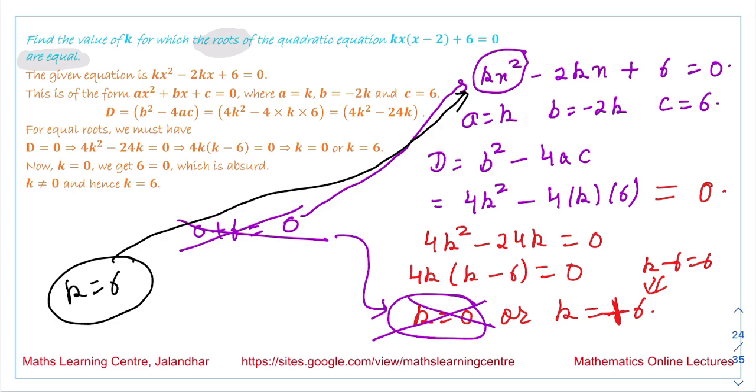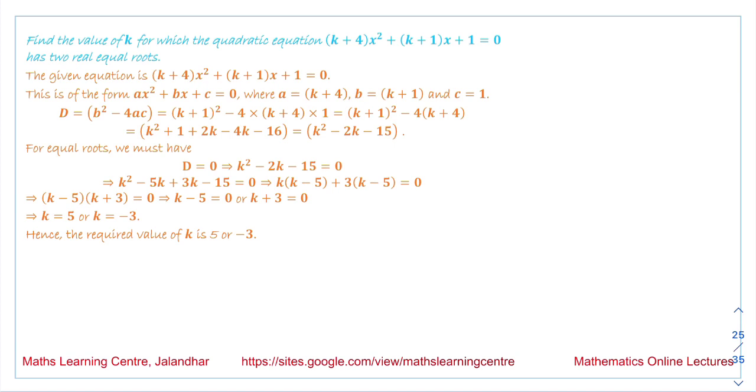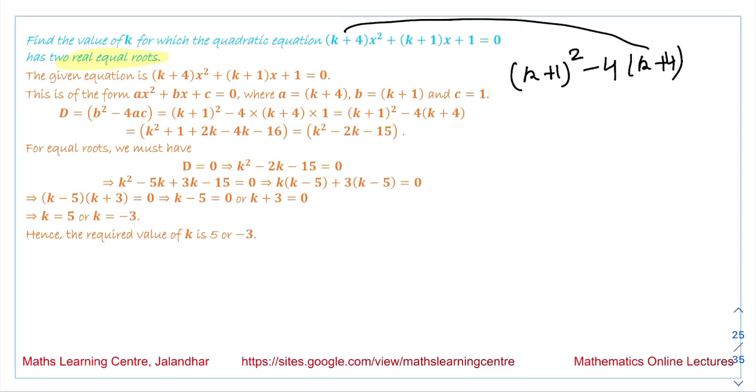Next is find the value of k for which this quadratic equation has two real equal roots. Again, it is given that it should have equal roots. So for equal roots, we are writing the discriminant for this equation, and the value of discriminant we get is b square, that is k plus 1 whole square, minus 4, it is a over here, and the value of c is 1, and the discriminant we are saying should be equal to 0.